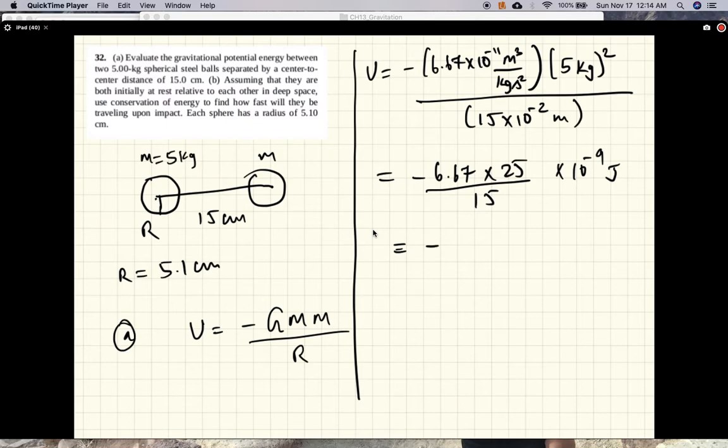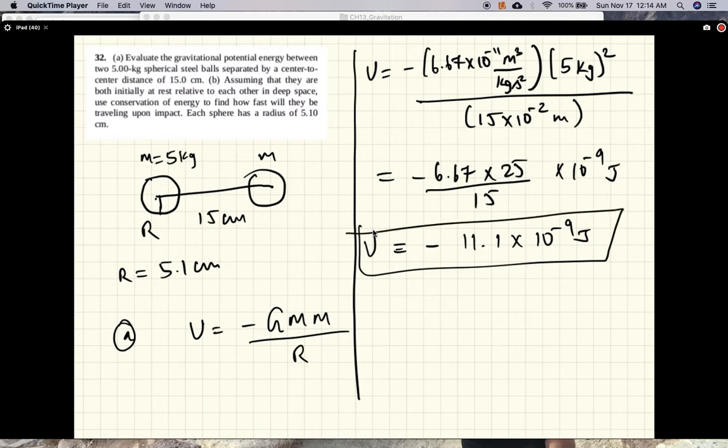Okay, so the potential energy is minus 11.1 times 10 to the minus 9 joules. That's 11 nanojoules.